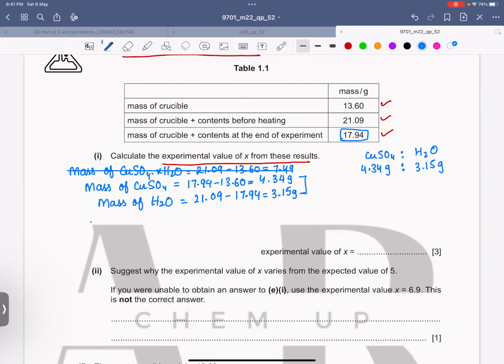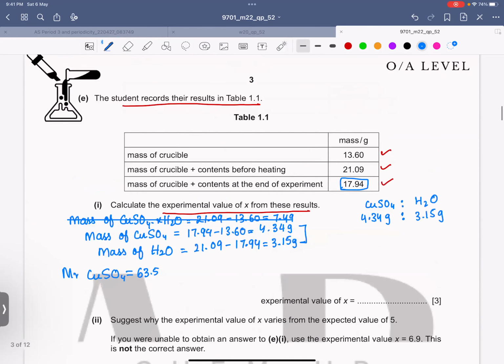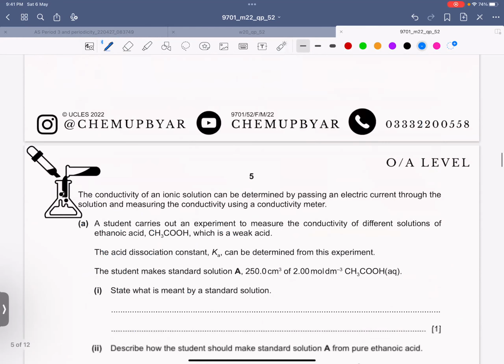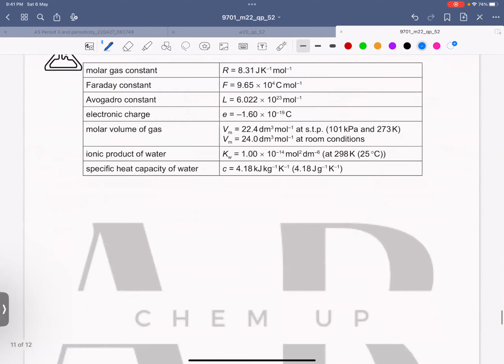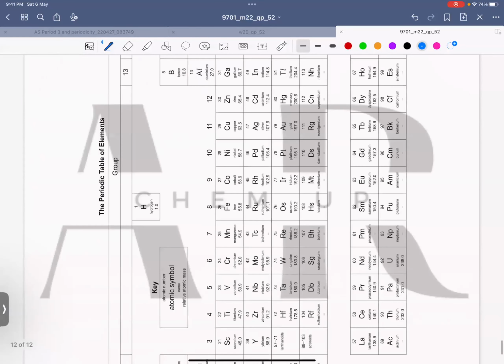Okay. Now, if we go for the Mr of copper sulfate, because it's 1 mole, I have to find the mass of 1 mole, which must be equal to its Mr. So copper is 63.5. Can anybody confirm the Ar of copper? There must be a periodic table at the end. Yes, it is 63.5.